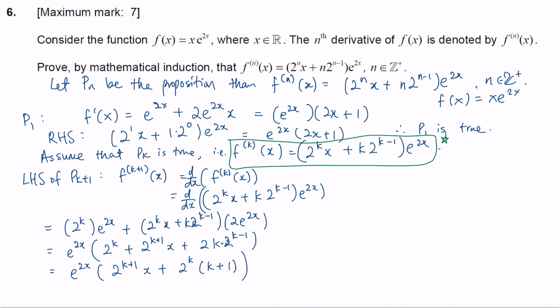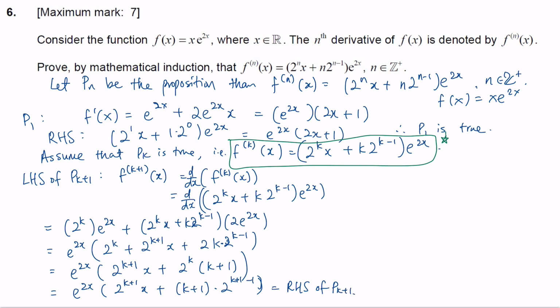Now if you look at it carefully, it's really the right hand side of P(k+1), because this is 2 to the power of k plus 1 x plus k plus 1 times 2 to the power of k plus 1 minus 1, which is the right hand side of P(k+1).